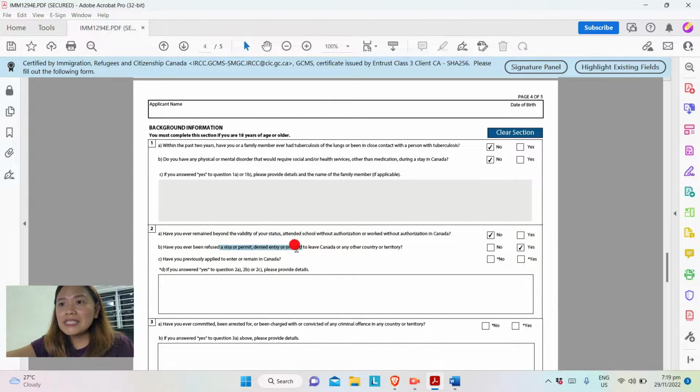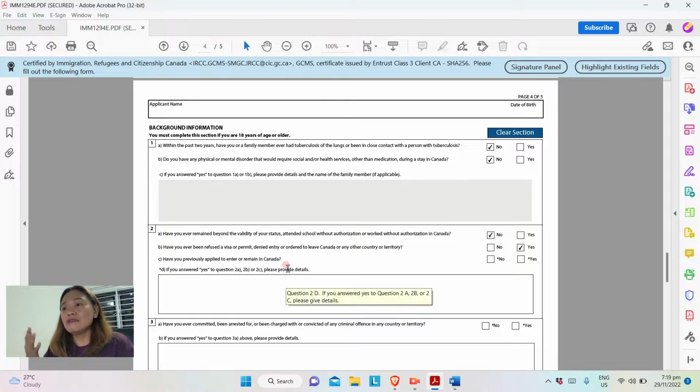This also applies if you have been refused of any tourist visa, like in Korea, in US, in Japan. Any tourist visa refusal, you also have to tick yes, because it also says here any other country, not only in Canada. Okay. Have you previously applied to enter or remain in Canada? This also has a connection with your previous study permit.